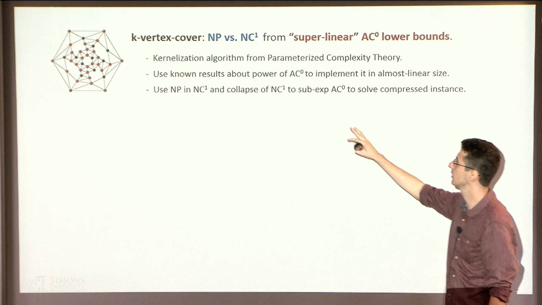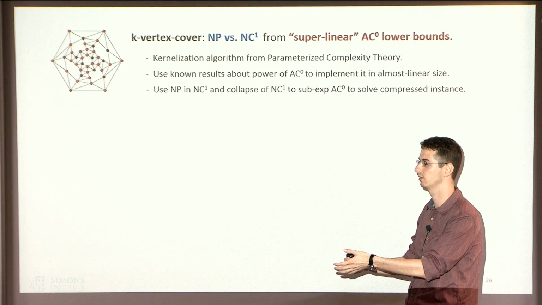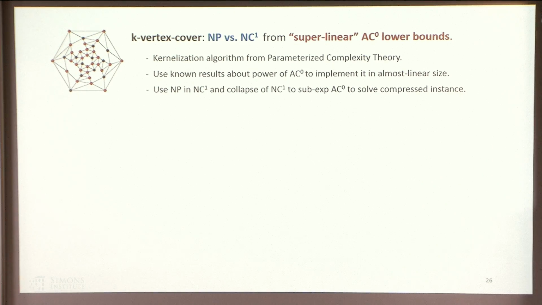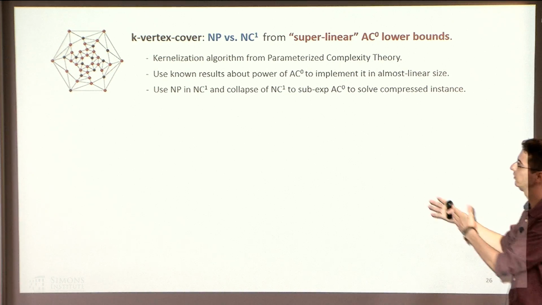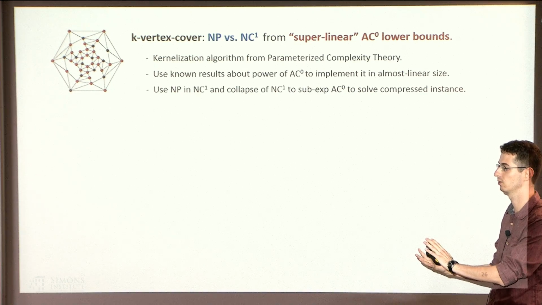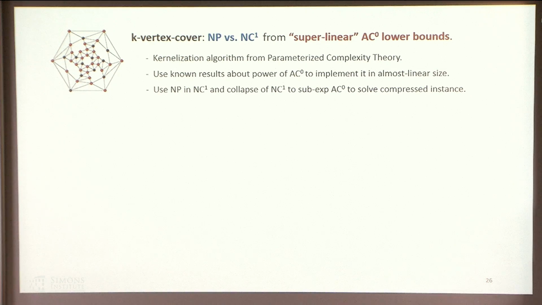We also explore the power of AC0 to make this entire computation very efficient. So it's important to understand the class for which you're showing the magnification theorem. And finally, we can use some simple connections between NC1 and AC0 circuits to make the connection between the two classes. It's not a hard proof.